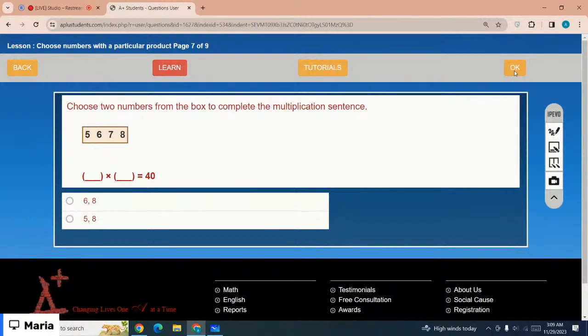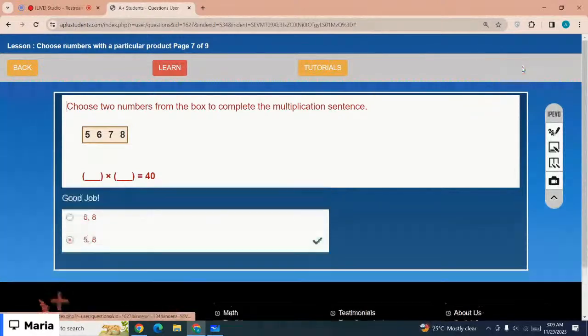Dash and dash have a product of 40, which is the correct option. Yes, 8 times 5 makes 40, so option 2 is the correct option.